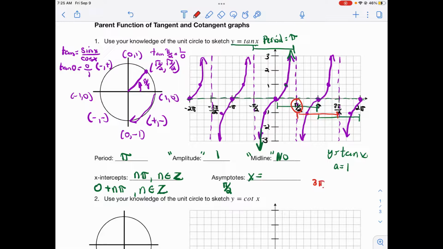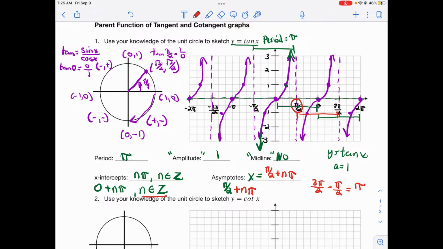I take the next asymptote and subtract the asymptote that I'm starting with, and when you do that, you get 2 pi over 2, which is just pi. So I'm adding pi to get to the next one, and I'm going to continue to add pi every time. So I'm going to add n pi. My equation of my asymptote is pi over 2 plus n pi. I've already defined n as an element of the integers, so I don't have to define it again.